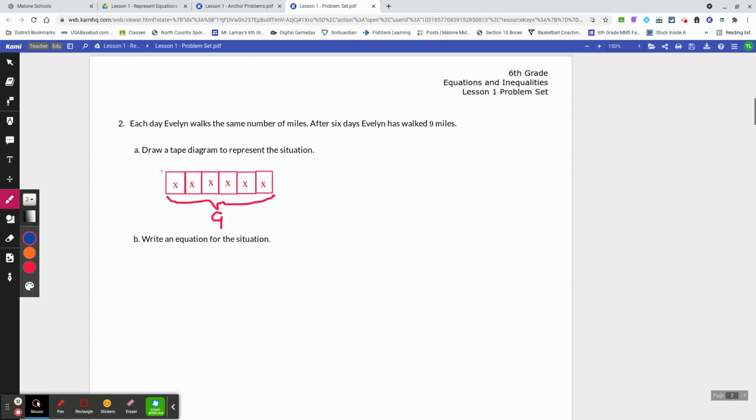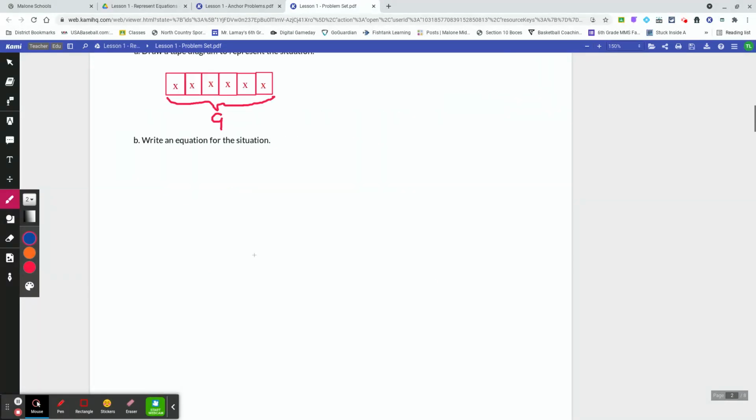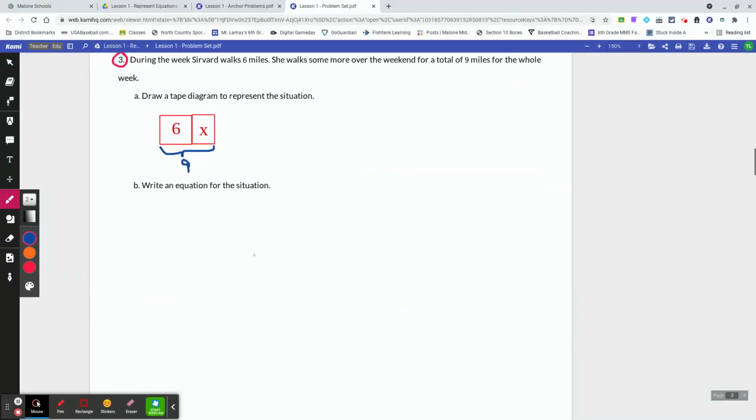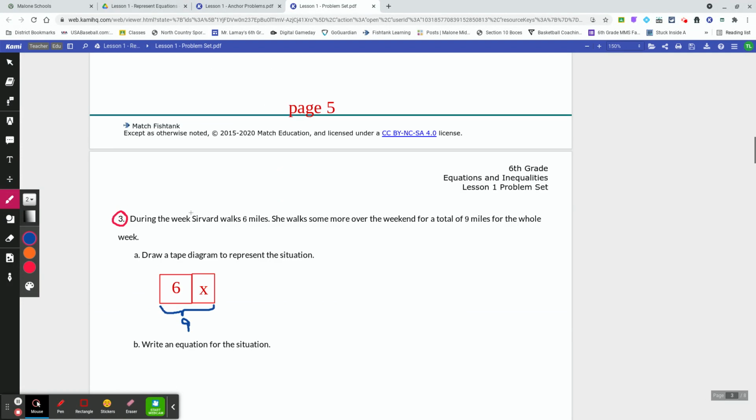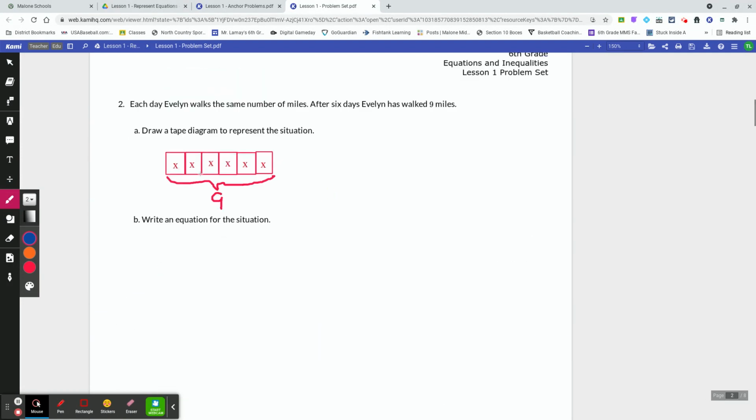So number 2, I drew this tape diagram to represent the situation. So you have to write an equation for that situation. There's 3. Once again, same situation. So if I went back and did this one, you didn't have to do this one, but this one would be, there's 6 of them, so it'd be 6x equals 9, right? Because they're all the same thing.